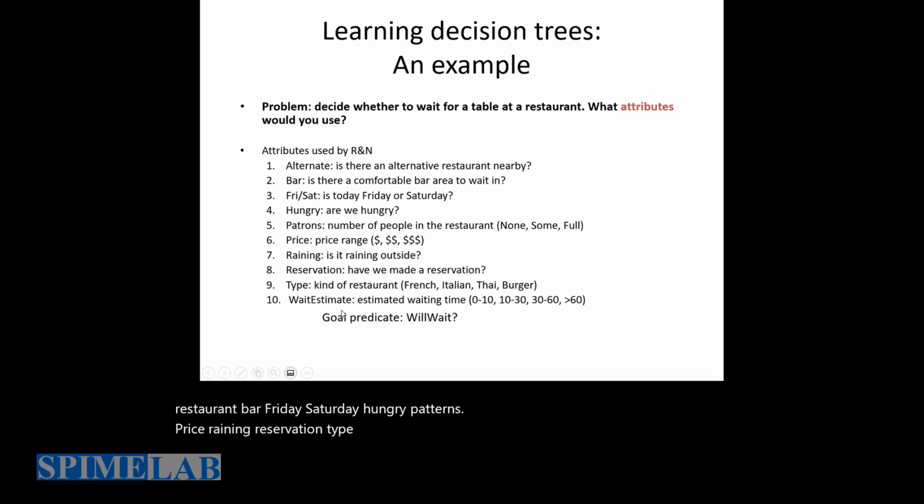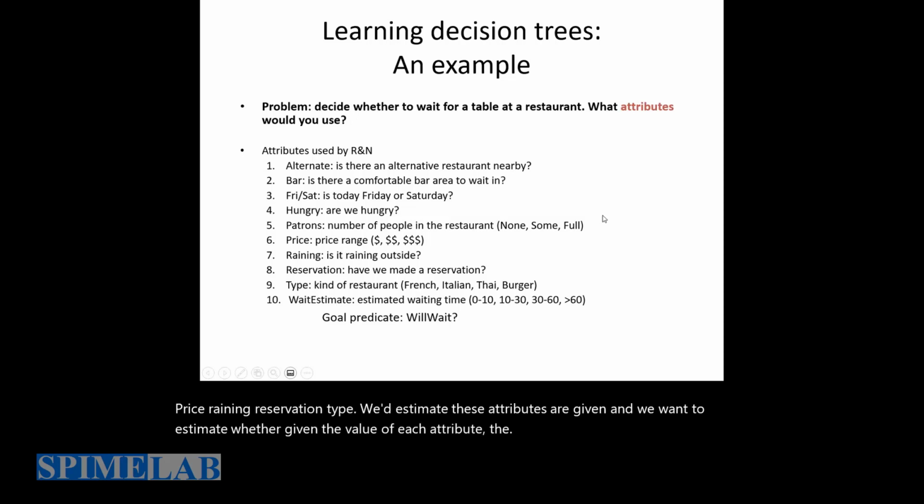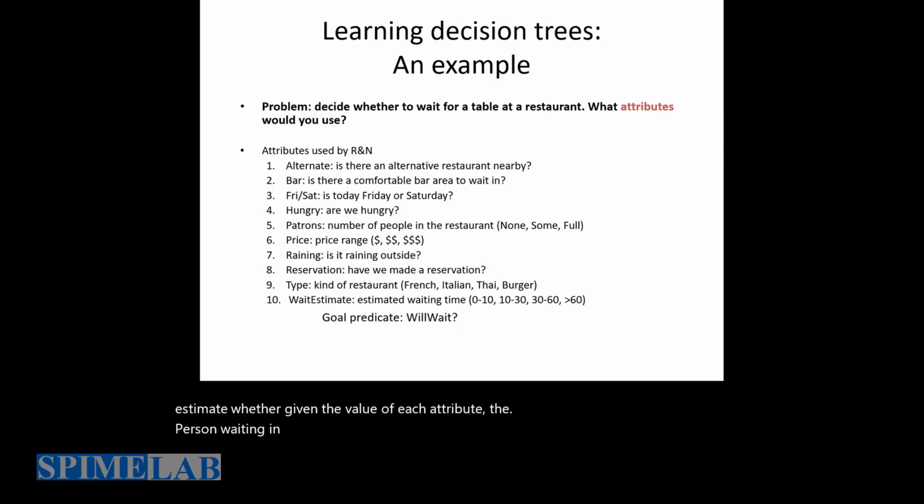These attributes are given, and we want to estimate whether, given the value of each attribute, the person waiting in line outside the restaurant will keep waiting or move on to the next restaurant.